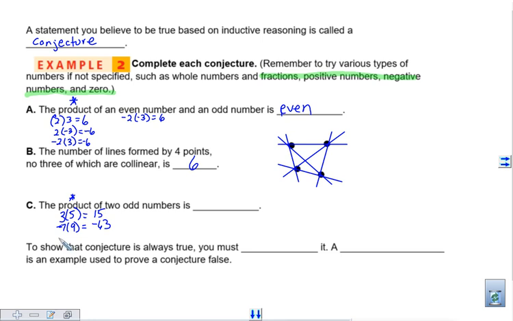A -5 and a -9 is +45. What can you tell me about those numbers? They are all odd.